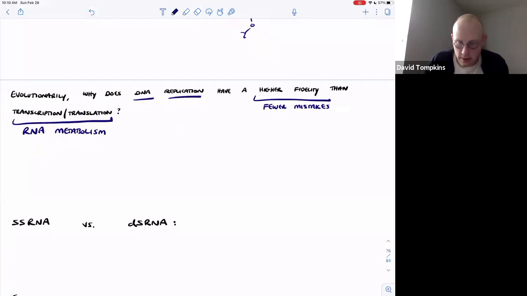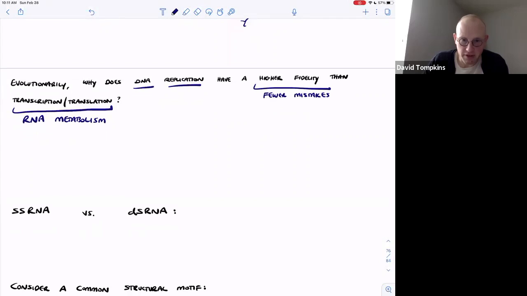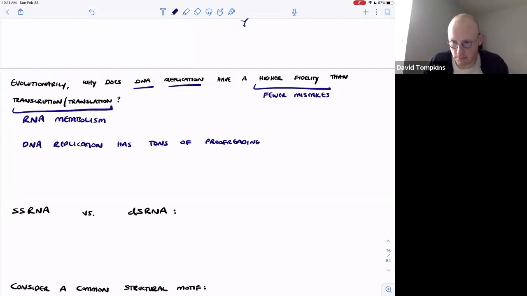So DNA replication has many double check mechanisms, such as mismatch repair and other proofreading techniques. Whereas we'll find out when we talk about transcription today, that transcription is not nearly as high in fidelity.